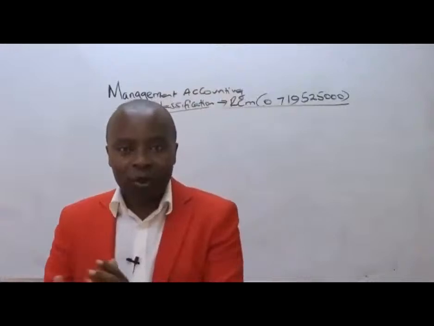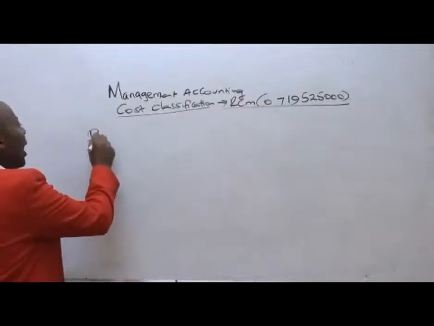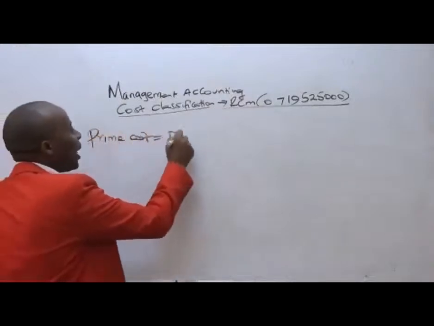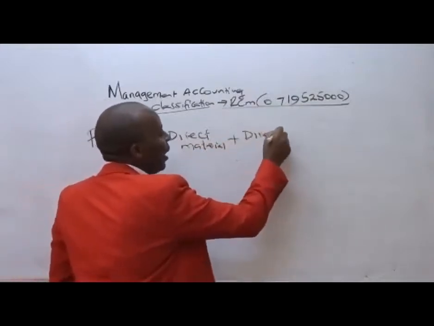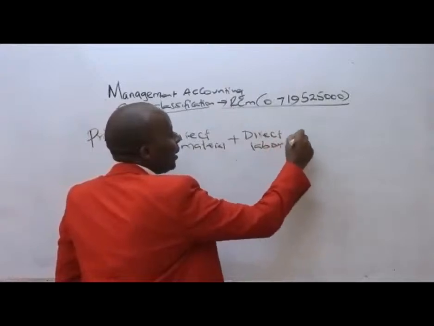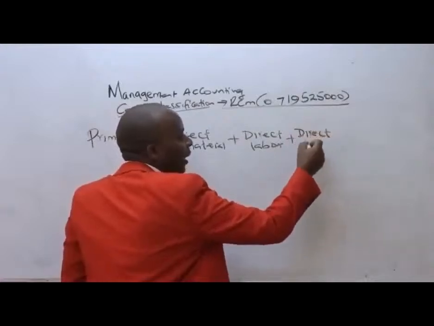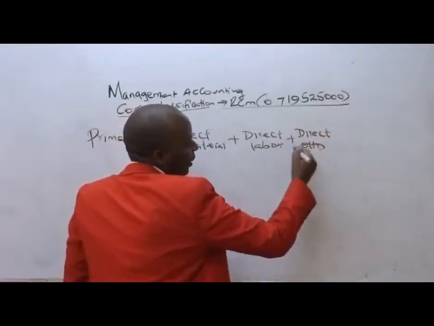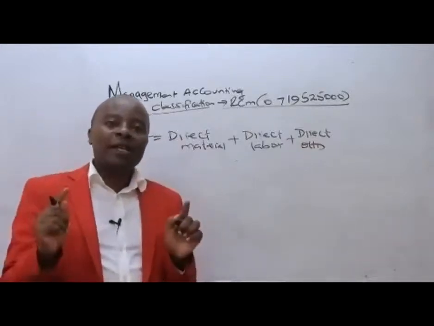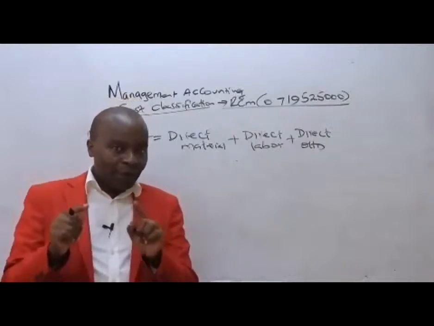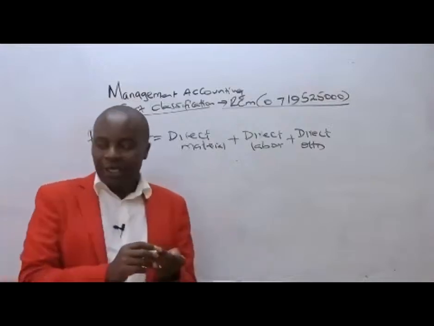So under prime cost, what do we have? We have direct materials plus direct labor, and if there is any expenditure that happens to be an overhead that is directly attributable, direct overhead. Perhaps you hired a production room directly attributable to a particular production process. That will fall under what we call direct overhead.